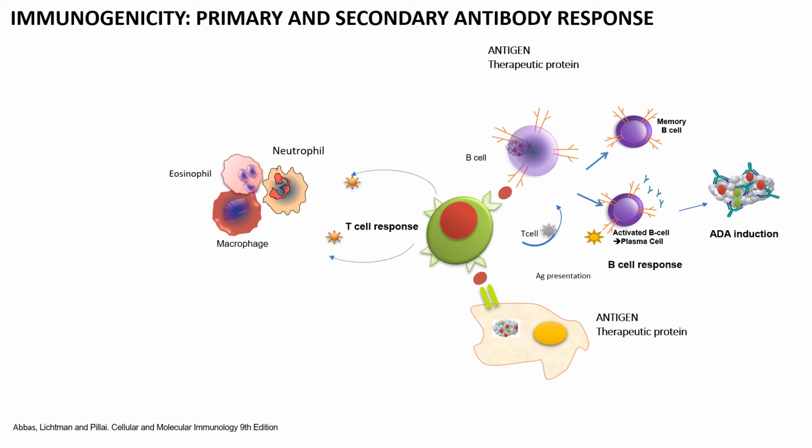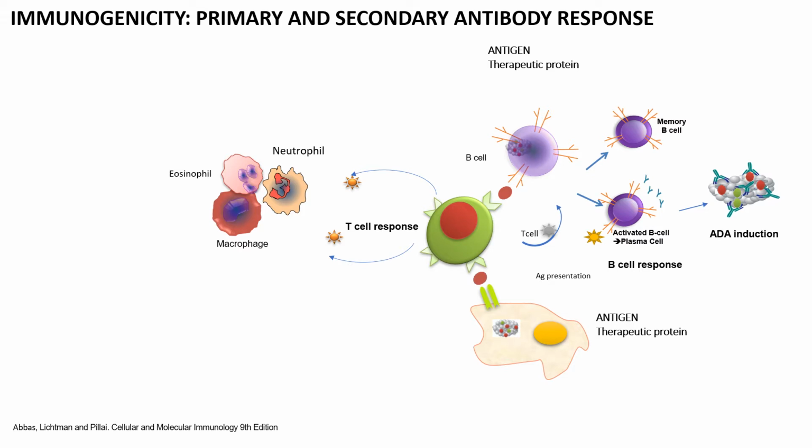Now, let's not forget that the T cell response can also produce cytokines that will trigger what we call a cellular immunogenic response, and the target cells that will now be activated to deal with the drug are neutrophils, eosinophils, and macrophages. We can also activate mast cells, and this is in the absence of an antidrug antibody.